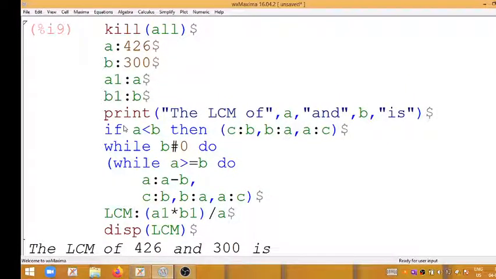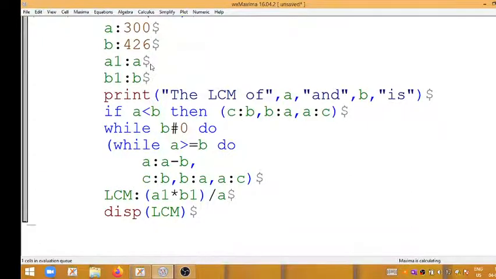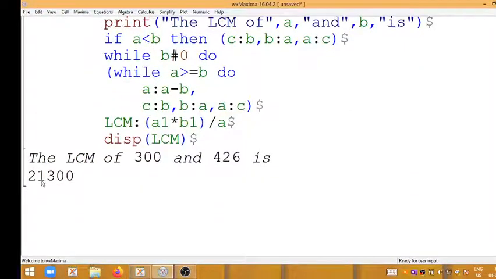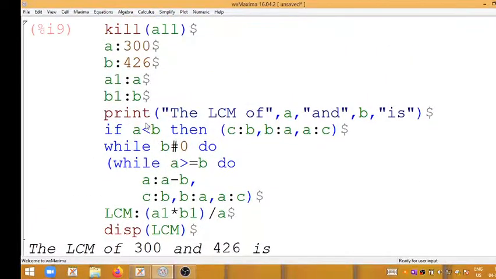Suppose I take 300 here and 426 there. The same answer will come; interchanging the A and B values is not a problem. See here, 21,300, the same answer.